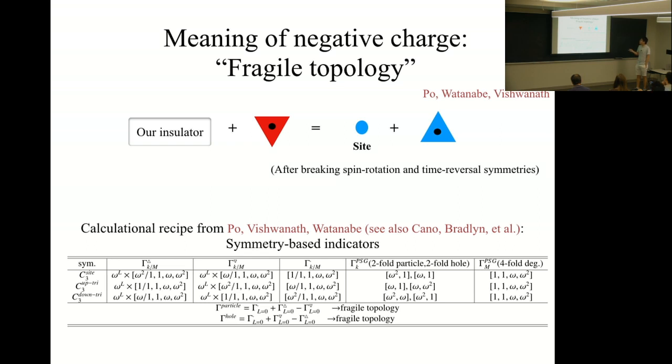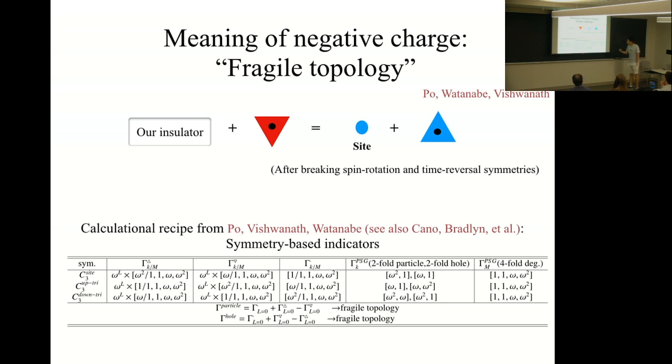That's because the insulator itself, it turns out, you cannot deform to an atomic limit. But if you supplement it with another atomic insulator that has one particle sitting on every downward triangle center, it turns out the whole thing is now deformable to a simple atomic limit, which has one particle per site and one particle per upward triangle center. So that's the notion of fragile topology.